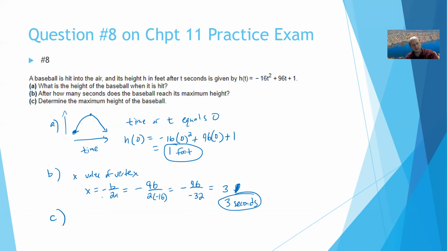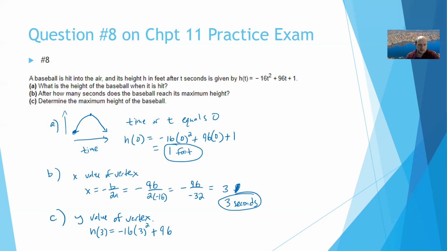And then what is the maximum height? Well, that is going to be the y value of the vertex. So we just take this 3 that we just found and plug it in for t, for the time in our original equation.